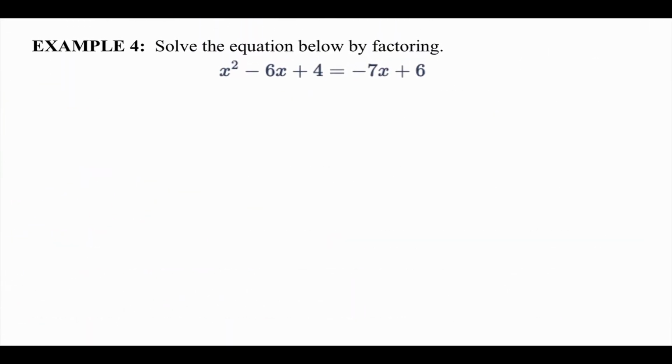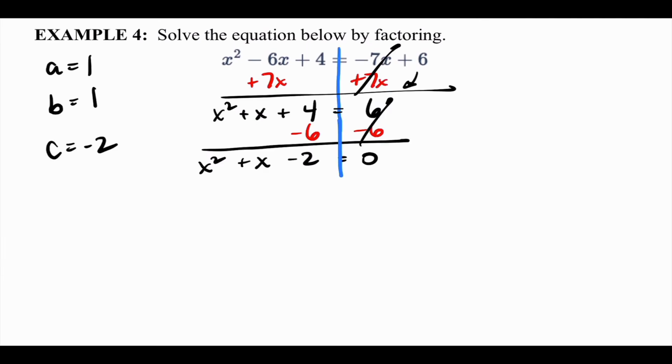All right, number 4. Try number 4 on your own. I'll give you a few minutes, and then we will talk about it. When you're setting it equal to 0, which side do you use? Keep A positive. We always want A positive. Is it wrong if A is negative? No, but it just makes your life harder later on.